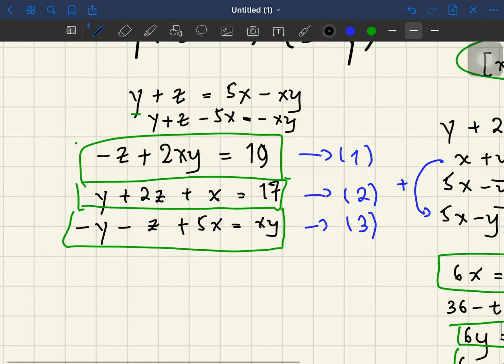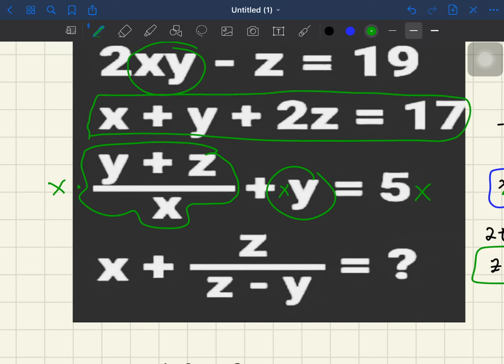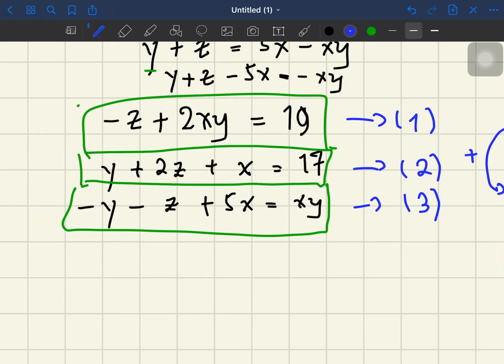Then let's have a look at the second one. Because it doesn't have any xy, which is the t, what you can only do is pair it up with the equation that you have created, which involves the xy. So you just pair this one with this one together, and you will see from here, you will have in total 3 equations.